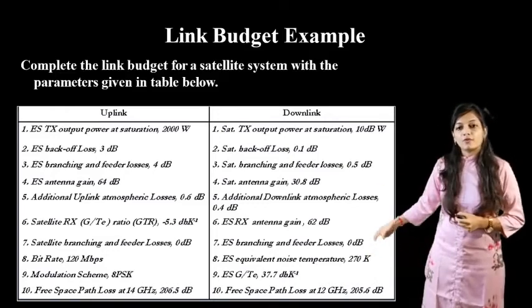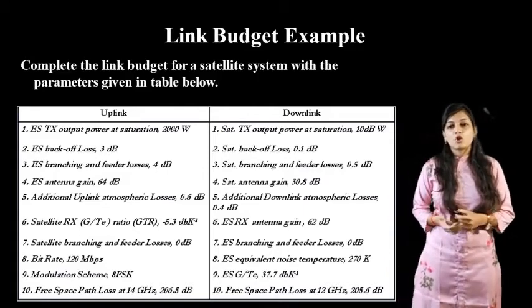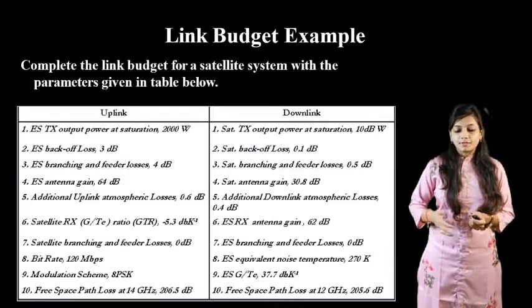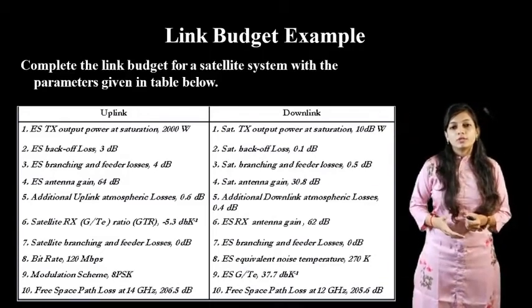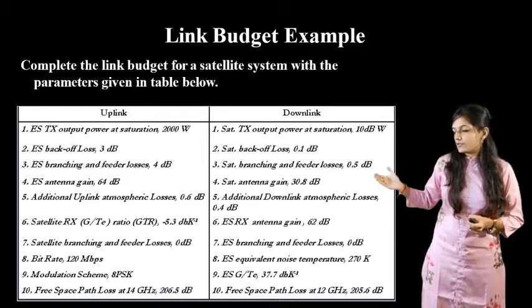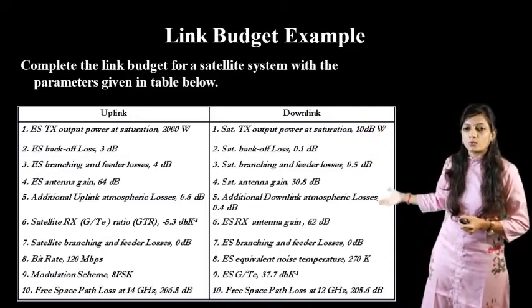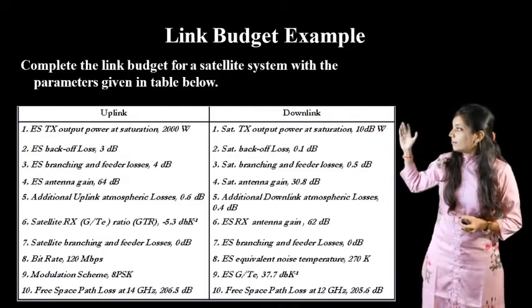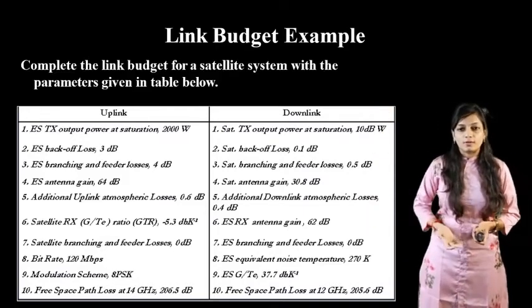Alright, and for the downlink its value is 205.60 dB, which is almost near to the uplink. Right? So this is the example to calculate a link budget, and it gives the complete difference between uplink and downlink, and how to calculate a link budget separately for the uplink and for the downlink.